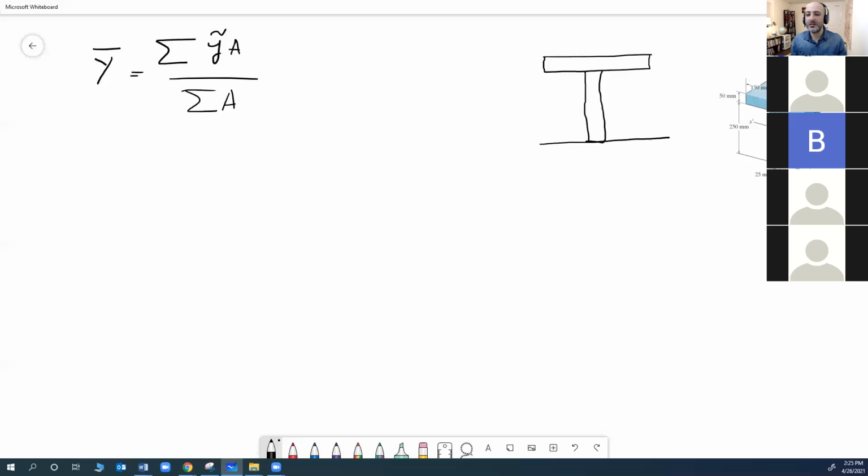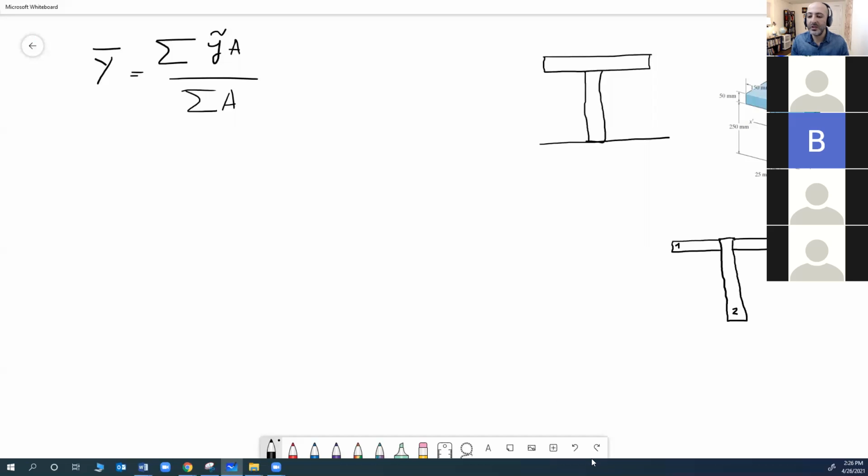Something like this, area 1, area 2. There are other ways to break this up too. Some people might like to break this up by one big area in the middle like this, two little areas on the side. Absolutely nothing wrong with it. Any way that you break up the area, that's acceptable.